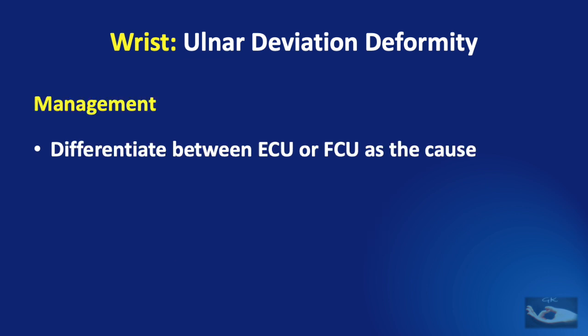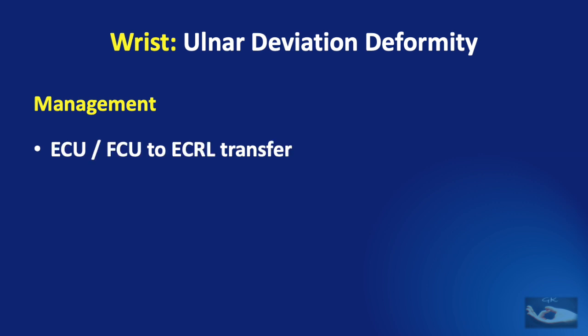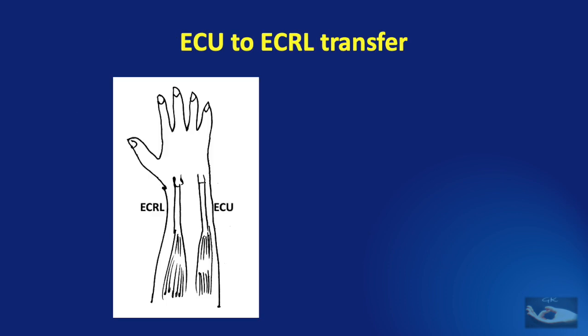In managing this problem, we need to first differentiate between whether it is the extensor carpi ulnaris or the flexor carpi ulnaris that is the cause, and then use the appropriate tendon to be transferred to the extensor carpi radialis longus. The procedure is quite straightforward.